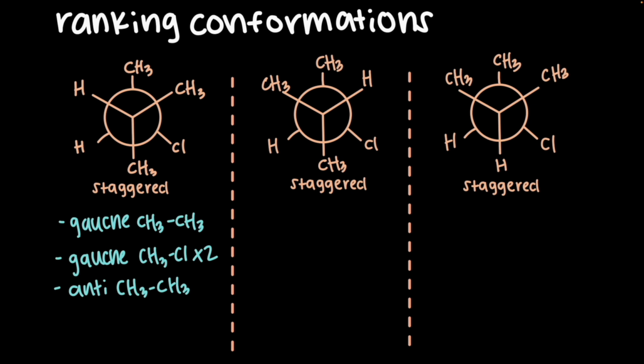To find the most stable Newman projection, I'm going to be trying to look at which conformation has the most groups that are anti and the fewest groups that are Gauche. If there are a lot of comparisons, we're going to be looking at the largest groups that are anti and the smallest groups that are Gauche to find the most stable conformation.